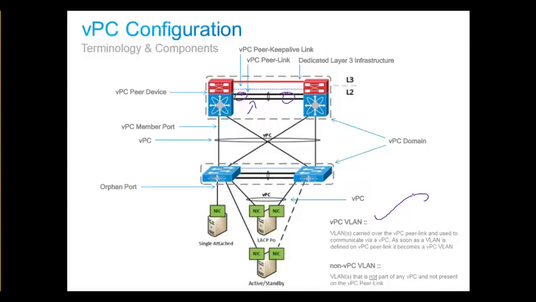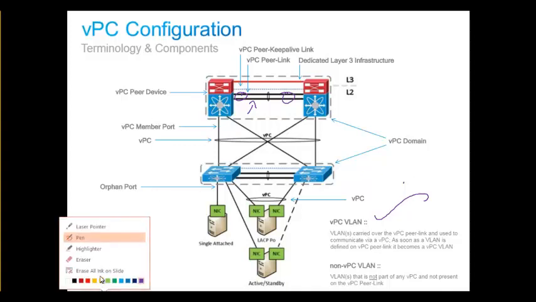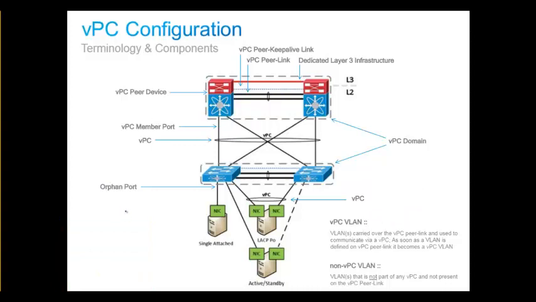But in the definition, you mentioned a VLAN that is not part of vPC. That means what? See, there are two types of traffic we see. Some traffic goes this way and wants to use the vPC peer link for some reason to go somewhere. Those are one type of vPC VLAN.